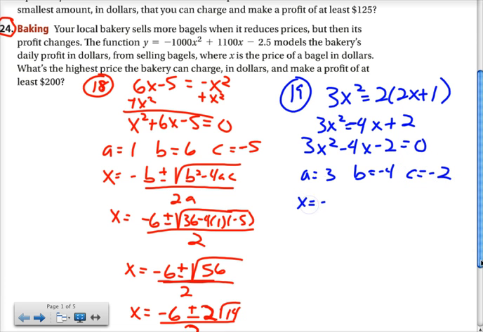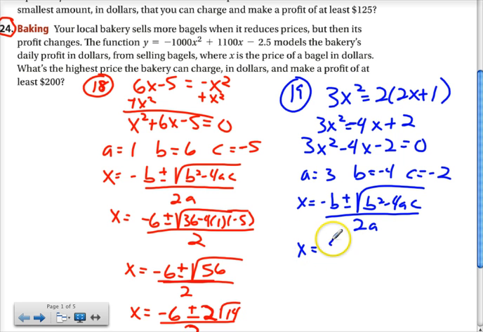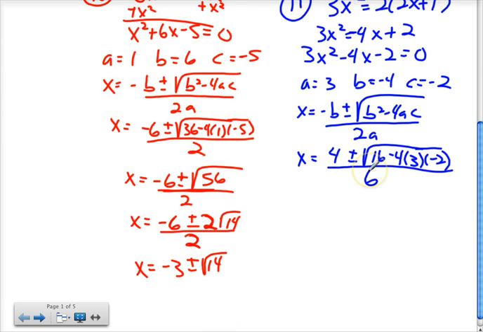and x equals negative b plus or minus the square root of b squared minus 4ac all over 2a. So x equals 4 plus or minus the square root of negative 4 squared is going to be 16 minus 4 times 3 times negative 2. And that will all be over 2 times 3, because that was our a value, which is 6.